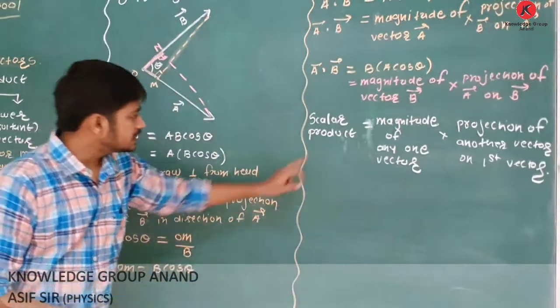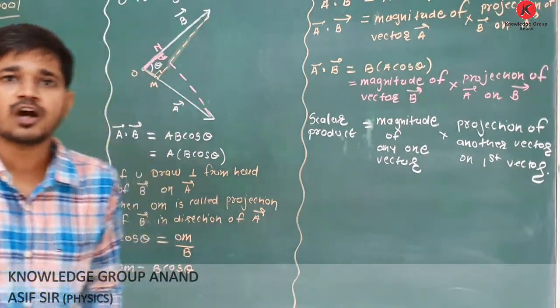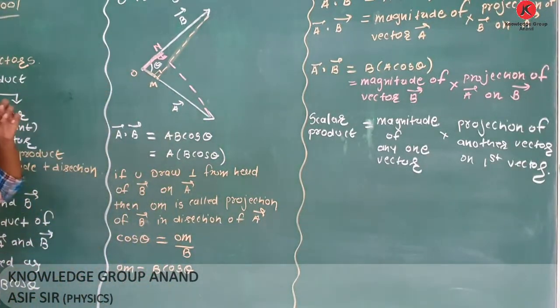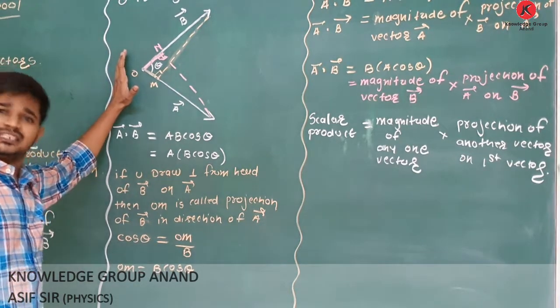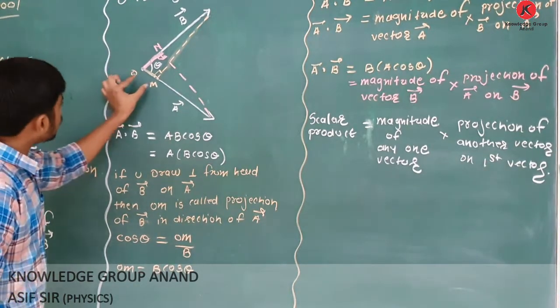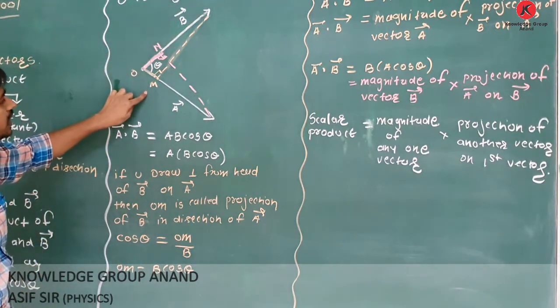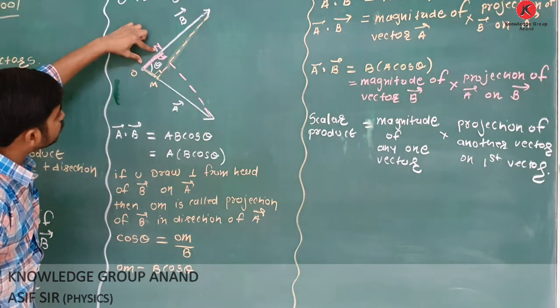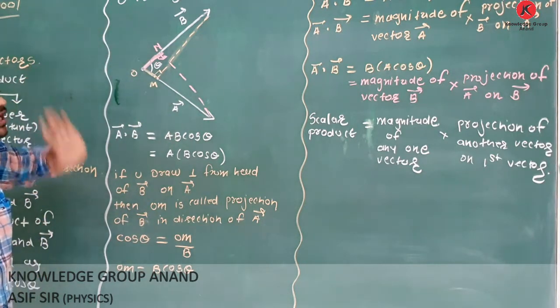Then yes, it is the second definition of scalar product. Again, you have to take care in this figure. This OM is called the projection of B on A. This ON, A cos theta, is the projection of A on B. So be clear about this.